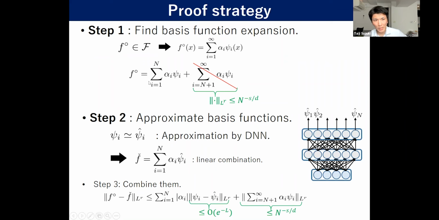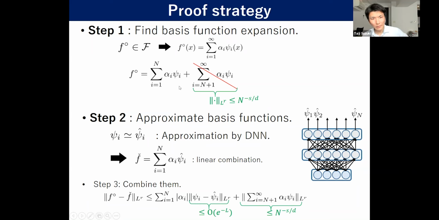Okay, so we retain only n terms, and we discard the other terms, and this is bounded by n^(-2s/d). For example, in a Besov space, we can show this kind of thing. Another example is the Sobolev space. As for the Sobolev space, we can also show this kind of bound.